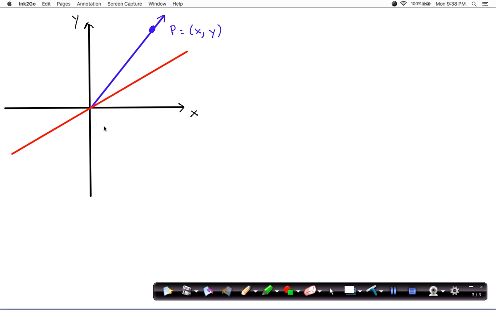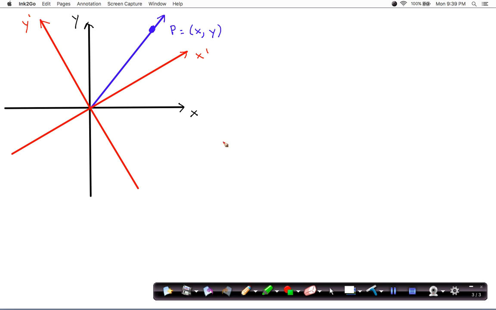And let's draw in the perpendicular line over here. I'm just eyeballing it. Okay, perpendicular, pretty close. We're going to call this an alternate set of axes, x prime and y prime.